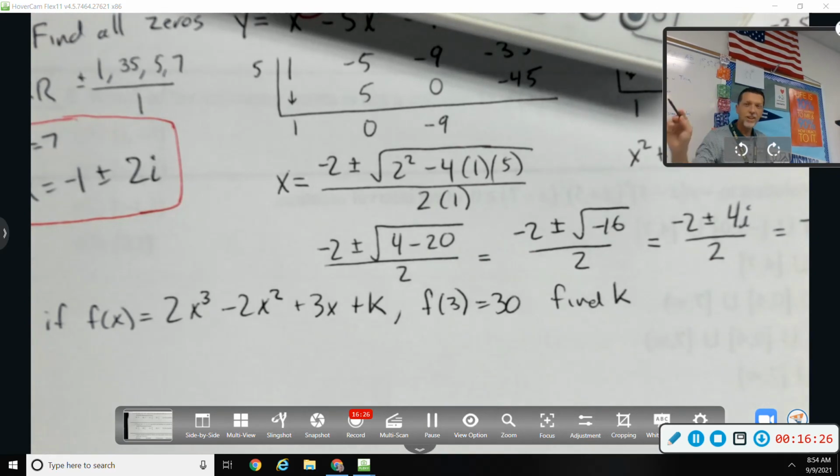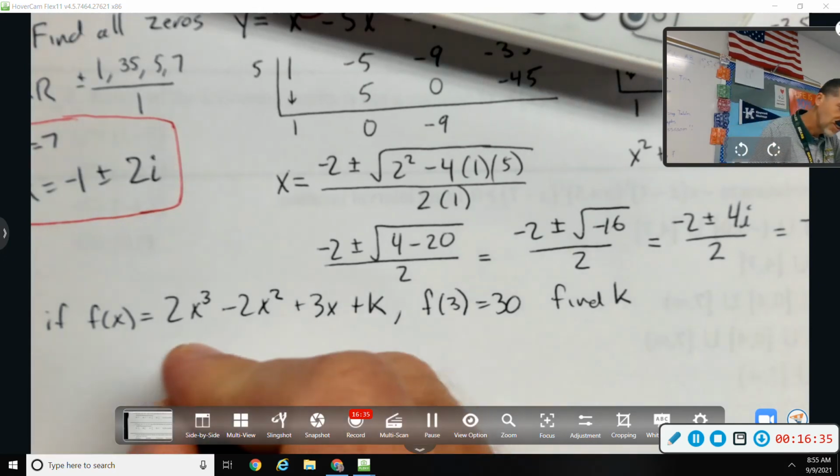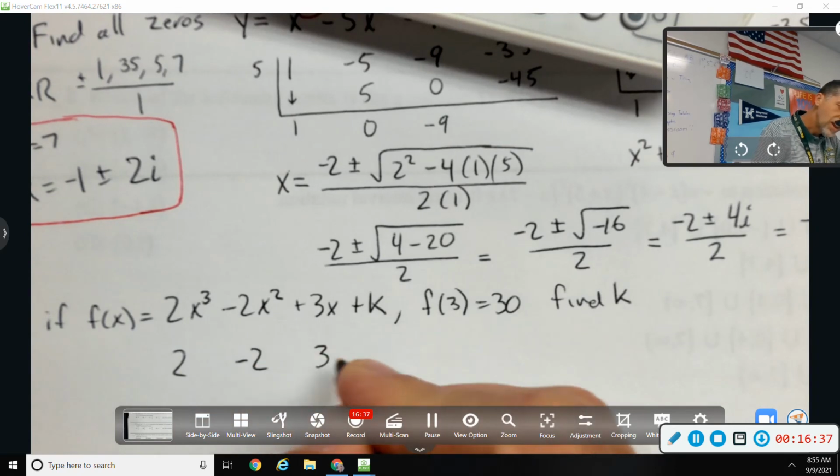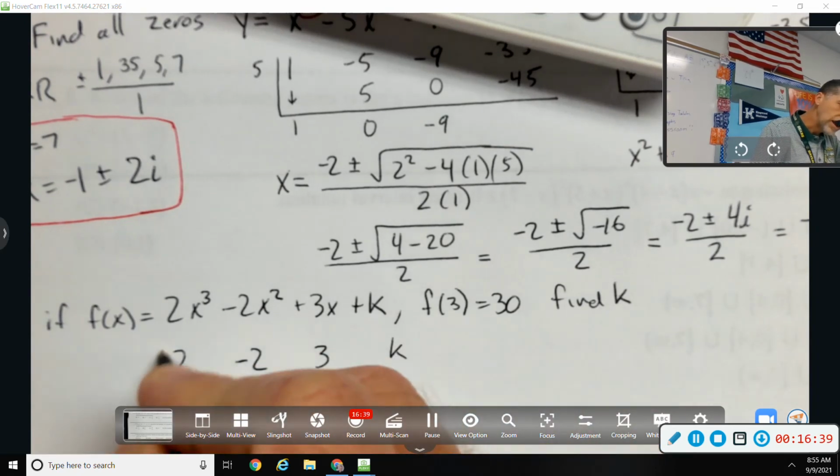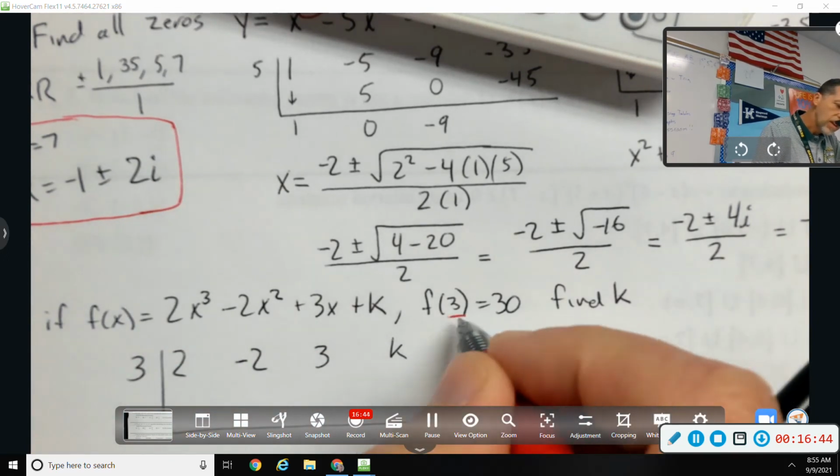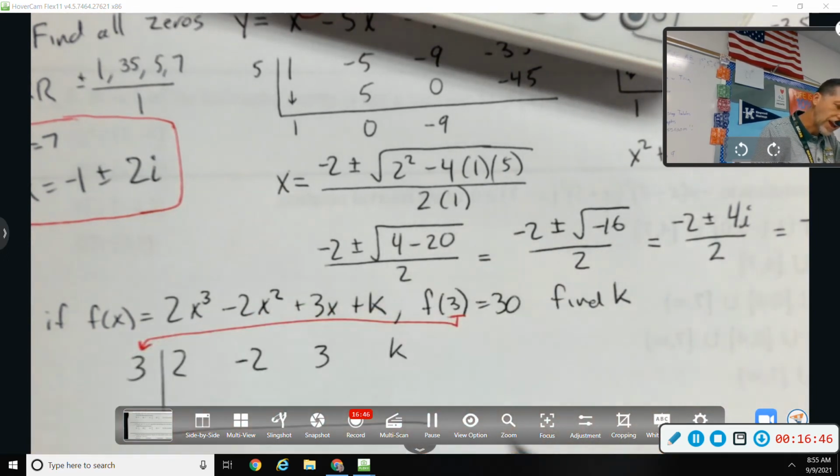But I could do synthetic division, and what am I looking for if I do synthetic division? I can do synthetic division, and I will use 3. I won't use negative 3. But how am I going to figure out what k is?